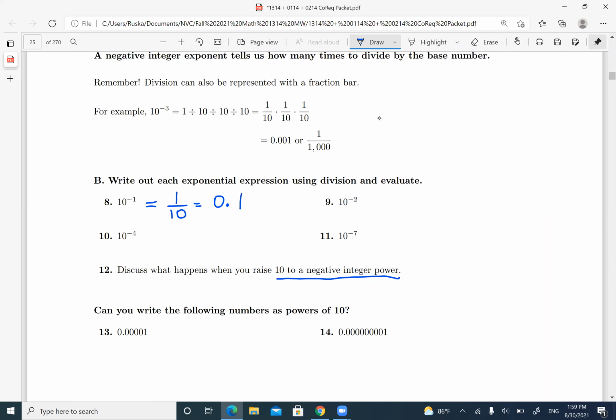Okay, let's do the next one. 10 to the negative 2 is 1 over 10 times 1 over 10, or technically multiplying 10 by 10, and it's going to be 1 over 100, which is 0.01. Then the next one, 10 to the negative 4, is going to be 1 over 10, 4 times.